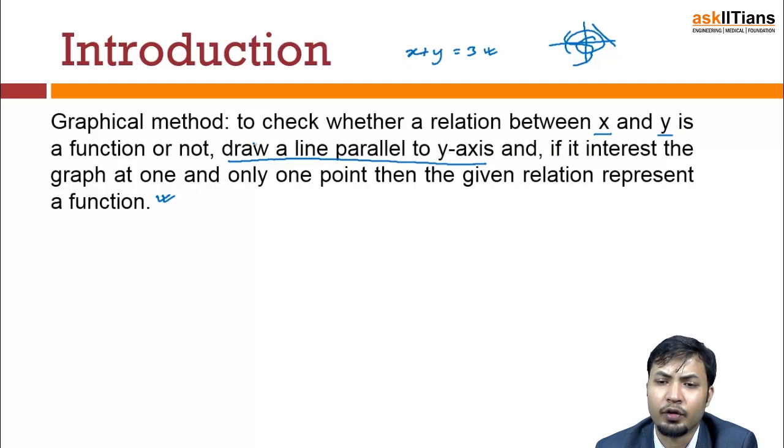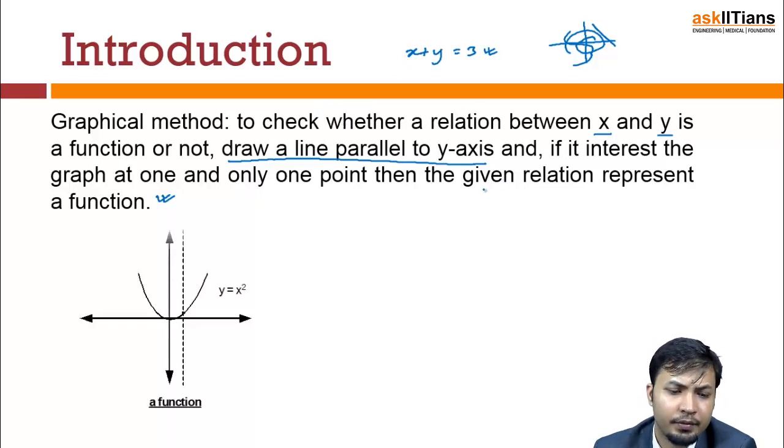So basically what we do is we correlate the x and y graph, and we see whether or not the given value for the given input is true or not.